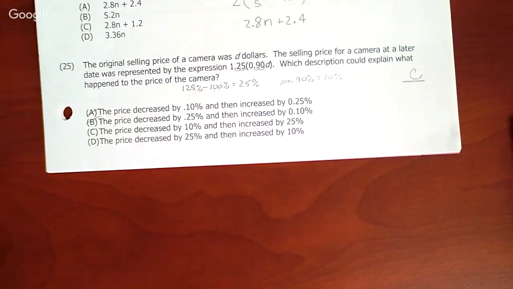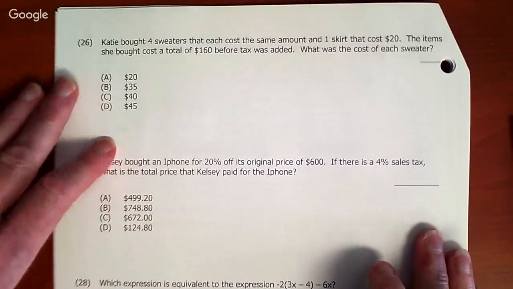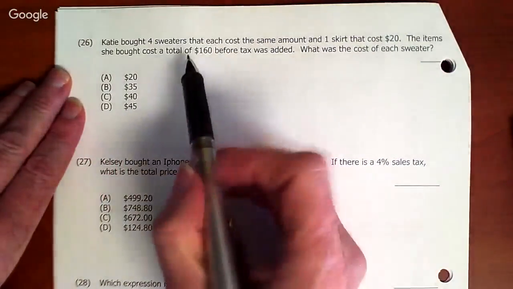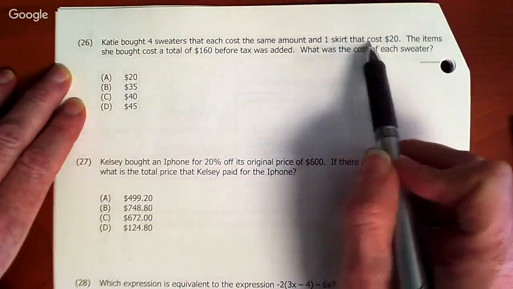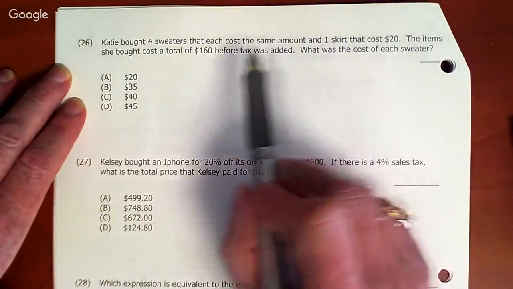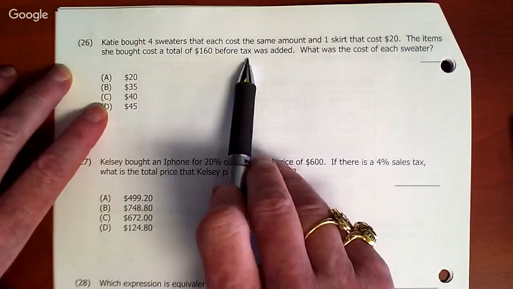Okay, so next, I have that Kate bought 4 sweaters that cost the same amount and 1 skirt that cost $20. The items she bought cost a total of $160 before tax.